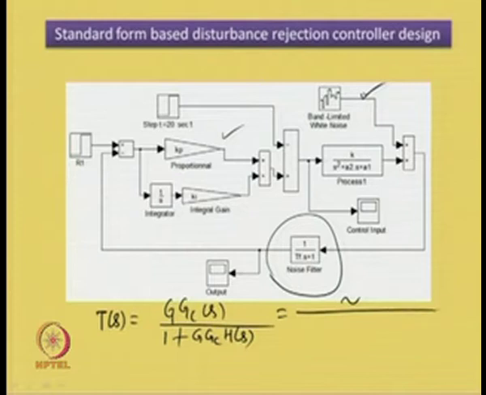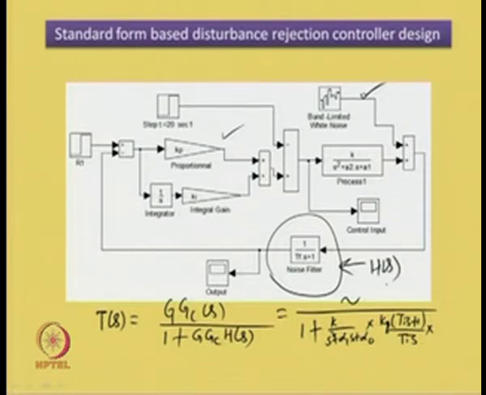Do not mind about the numerator; in the denominator it can be written as G is k / (s² + α1 s + α0), then Gc is Kp (Ti s + 1) / (Ti s), then H(s), which is this noise filter dynamics, we have 1 / (Tf s + 1).